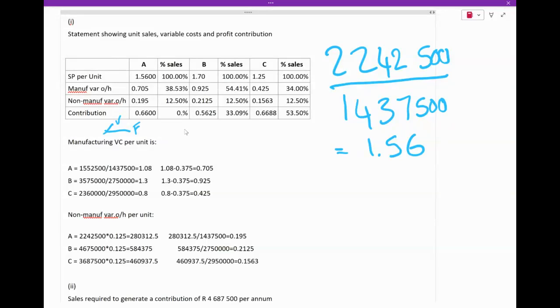Is it 0.56? No, but this is a percentage, isn't it? 48.96. 48.97, sorry.